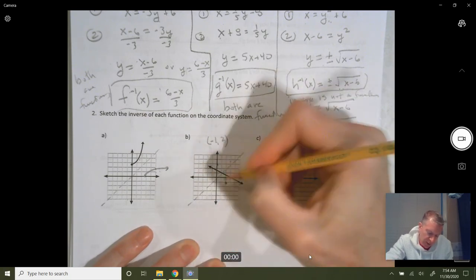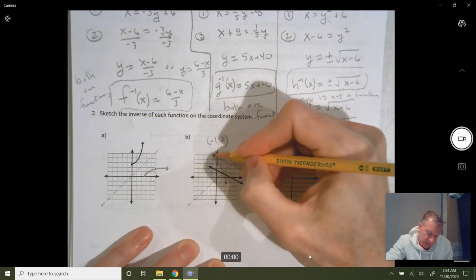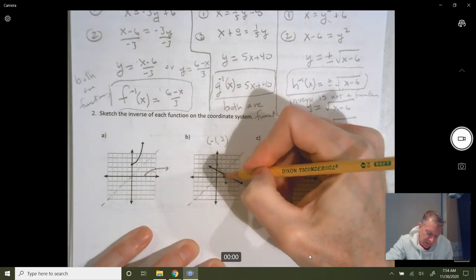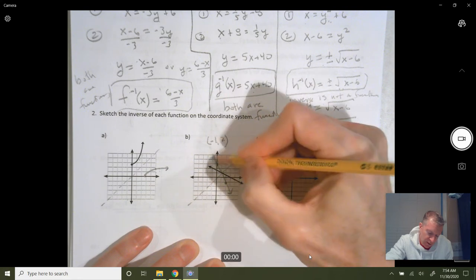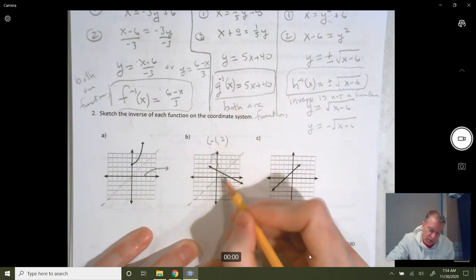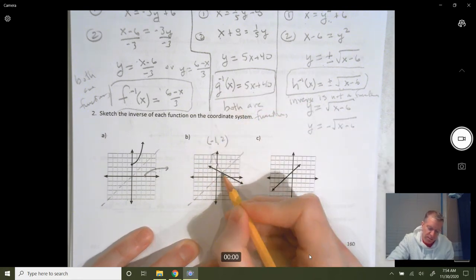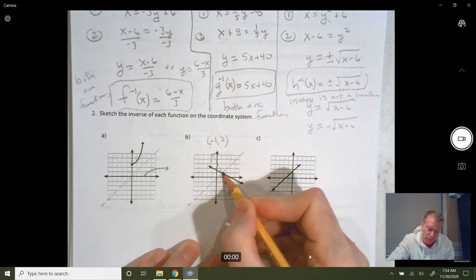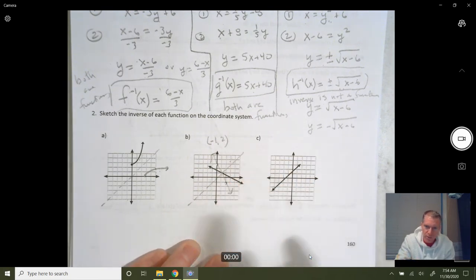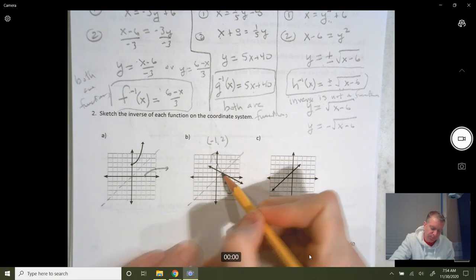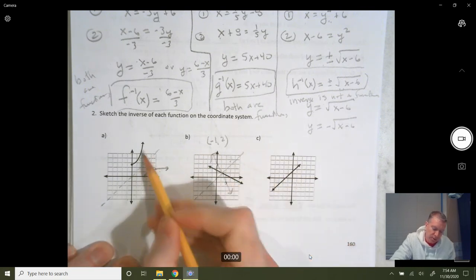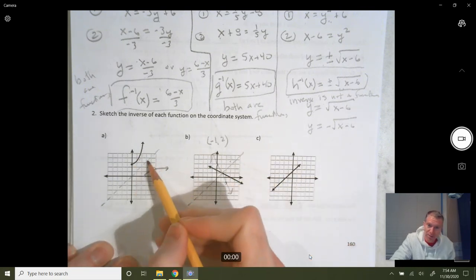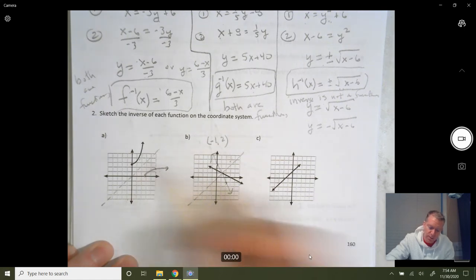And then you can connect those. The inverse will look like this. And if they do cross the line y equals x, they should intersect there. Again, because any point on y equals x, your x equals your y. So when you swap the x and the y, it's the same point. Okay, now notice this one, they don't cross that line. So you're not going to see that point where they intersect.